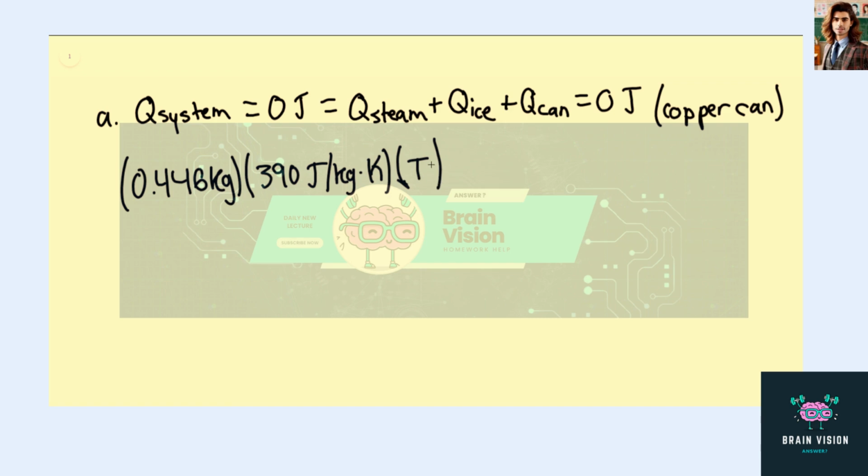So for the final temperature T, we know that the can is gaining heat from the steam. The ice will be gaining heat from the steam. So we can say this is going to be plus 0.095 kilograms. This would essentially be the weight of the ice, and we're going to have to multiply this by the specific heat times the change in temperature as well as the latent heat of formation in order to see if it actually all melts into water.